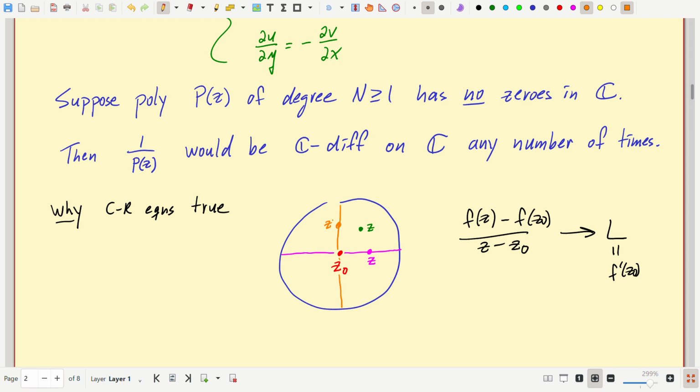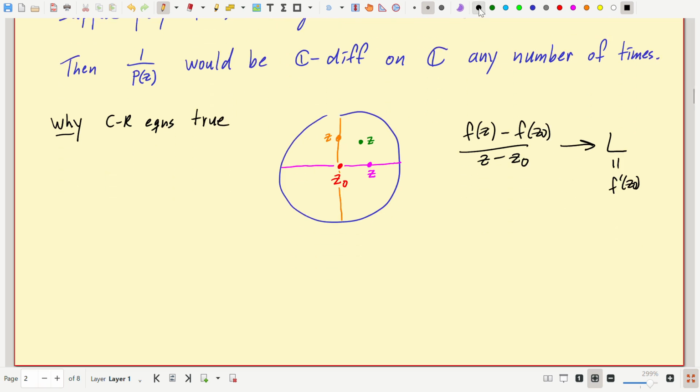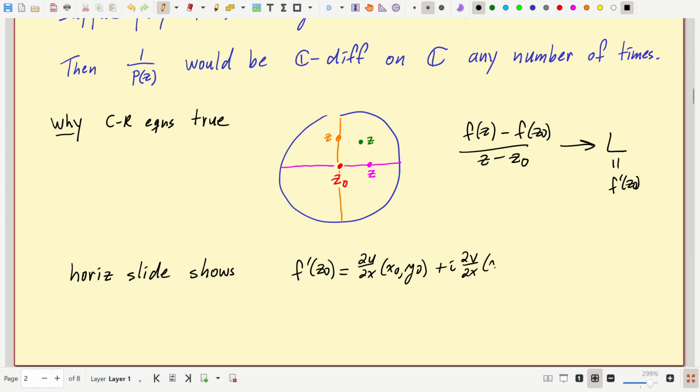Those limits would both have to go to L. Okay? The horizontal slide shows, when you write out the difference quotient and look at it, that f prime of z naught is equal to du/dx at x naught, y naught plus i times dv/dx at x naught, y naught. I like to call that red box number 1.